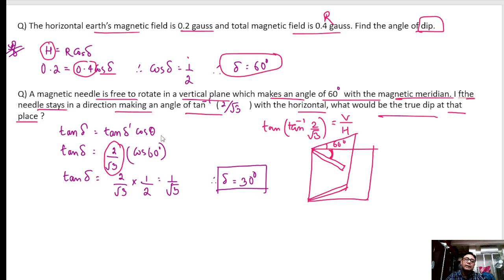And they are telling that it is making an angle 60 degree with the magnetic meridian. So please watch here one thing. Cos 60 is half, and this angle is making 2 by root 3. So tan delta will come 1 by root 3, which is giving you 30 degree. This is the true angle of dip at that place. Clear?